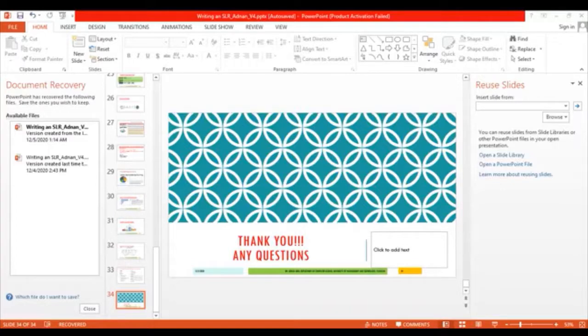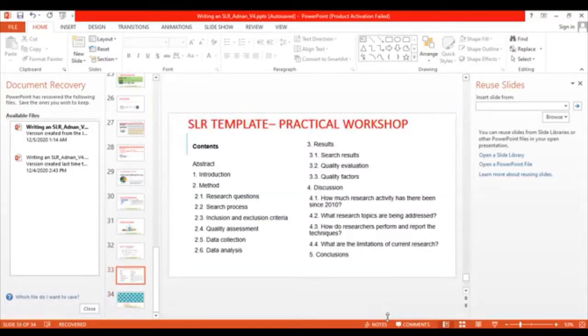Because you see, the first part, if you remember the presentation, we have the last part where we say that we are going to define, if you can see the slide where I have the SLR template practical workshop outline.